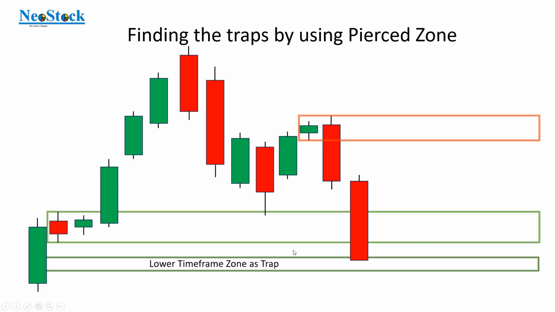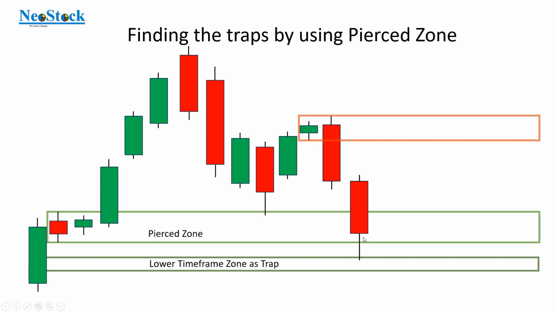Okay, anyway, there is a lower time frame zone which is acting as a trap. Because it is acting as a trap, institutions would definitely have kept a huge order flow in this area. This order flow again pushes the prices back. Now you see, the prices moved back.